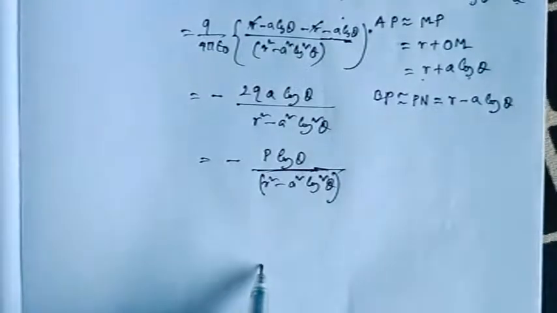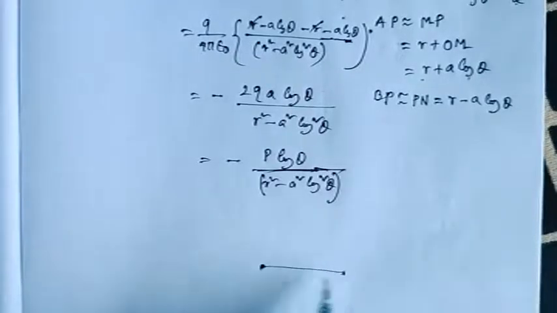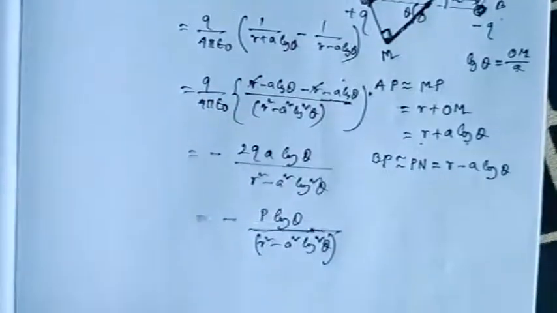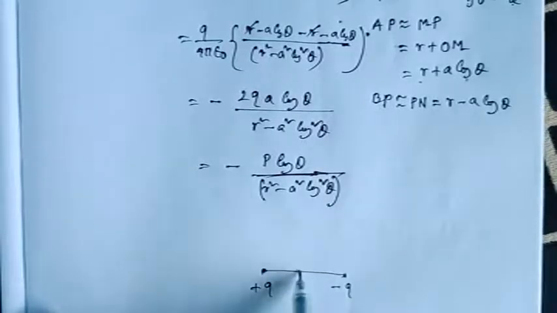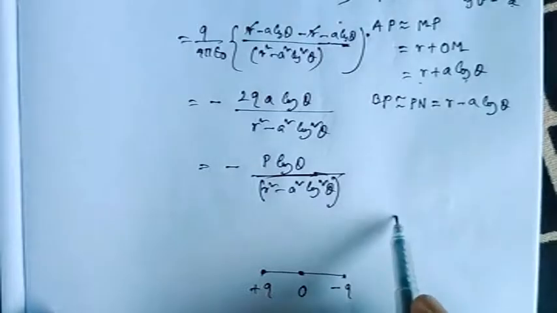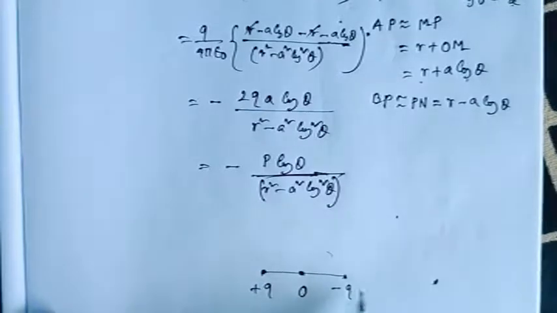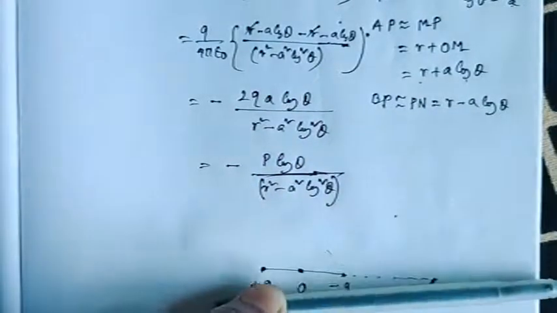Suppose this is the dipole, and according to our dipole, this one is plus Q, this one is minus Q, and this point is O. We consider P here and that angle was theta. So if we consider this point, the axial point, then this angle is actually becoming 0.